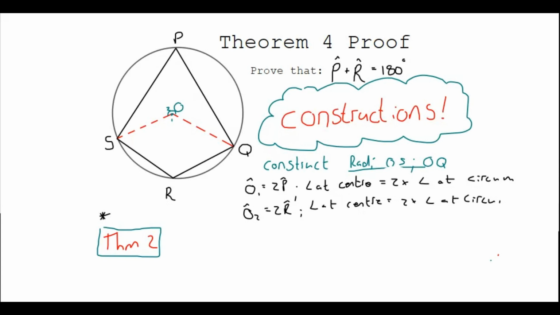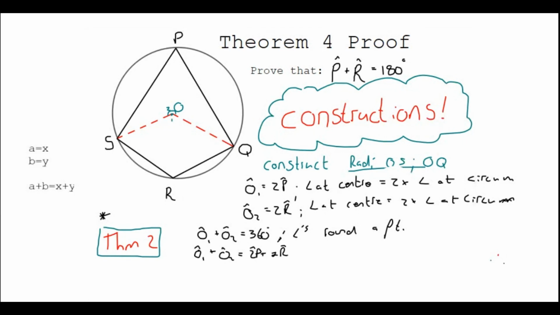Now if we add O1 and O2 together, it's angles around a point, so O1 plus O2 equals 360 degrees. And we know that angle O1 plus angle O2 would equal 2 angle P plus 2 angle R.